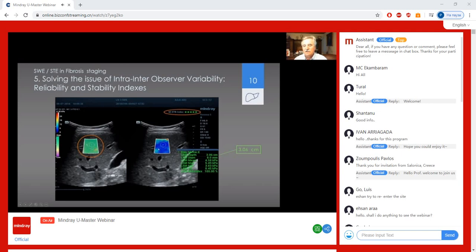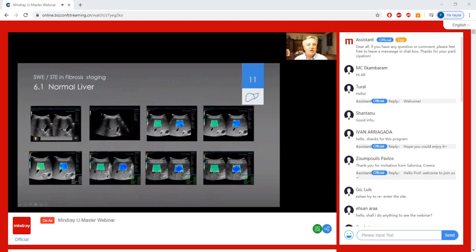Of course, the color mapping of elastography alone may be enough to place the region of interest in the right place, but this is the five stars stability index, indicating that the liver at the moment of measurement is stable without movement.